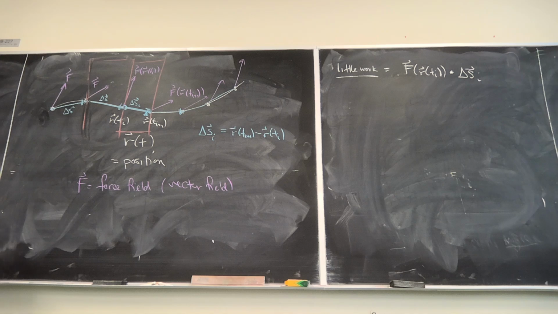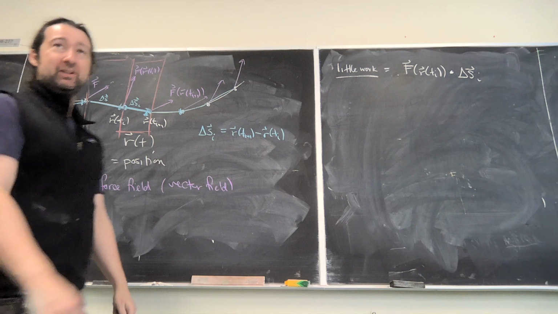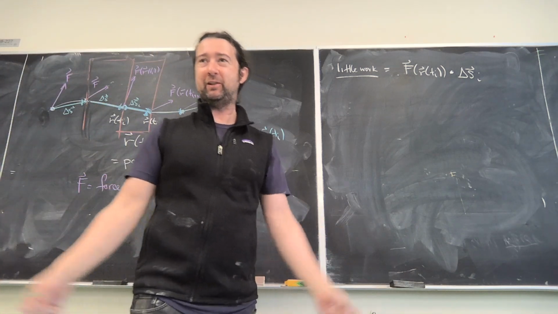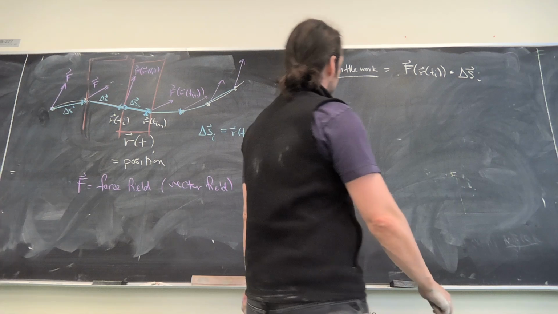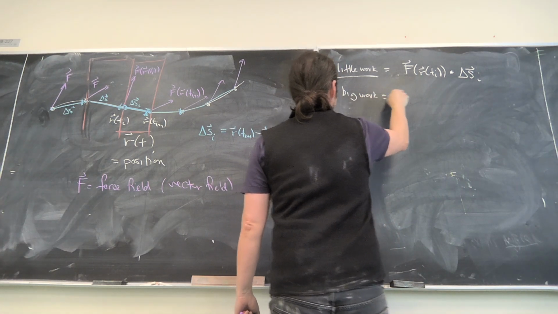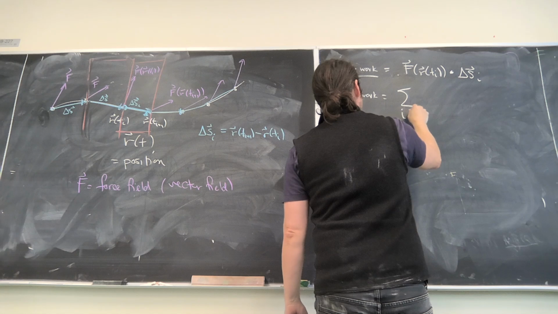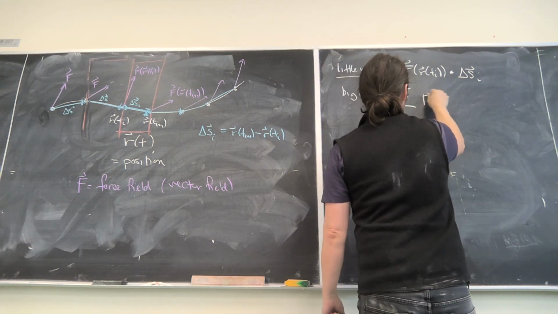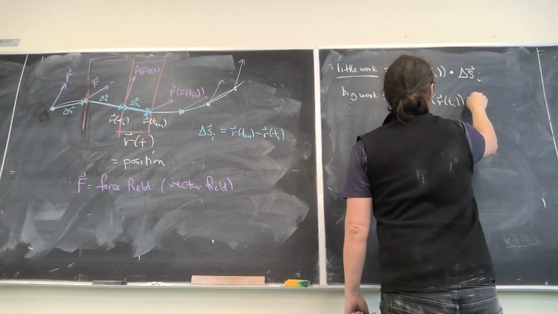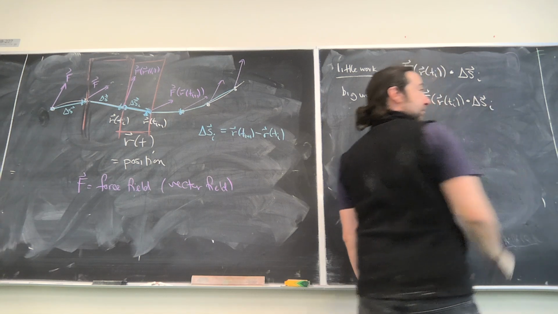What if I wanted to know the work on the whole curve? What would I do? Sum them all up, right? So we're doing the classic calculus move now, where eventually I'm just going to assert that a limit happens and then an integral falls out the bottom. So big work is the sum over all those pieces I decomposed the curve into.